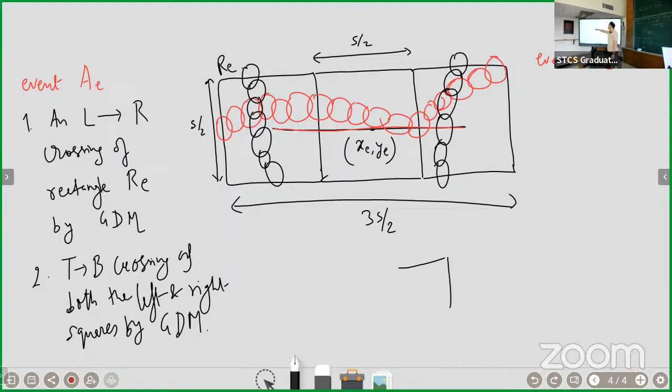An edge being open means there has to be a top to bottom as well as a left to right cross. Similarly, for a vertical edge, you put everything at 90 degrees. So this will overlap with this square of this edge. The rectangle will look like this, three parts.